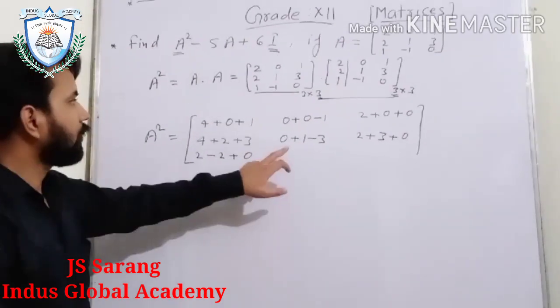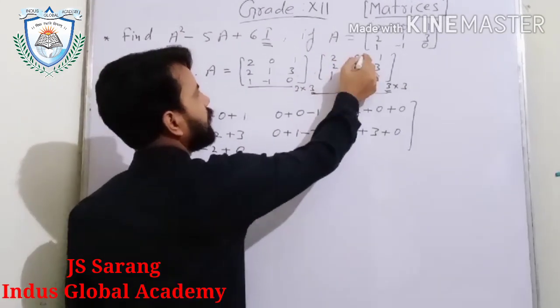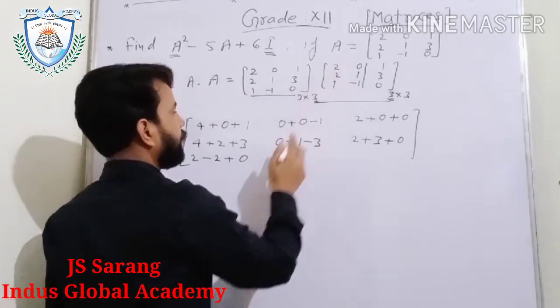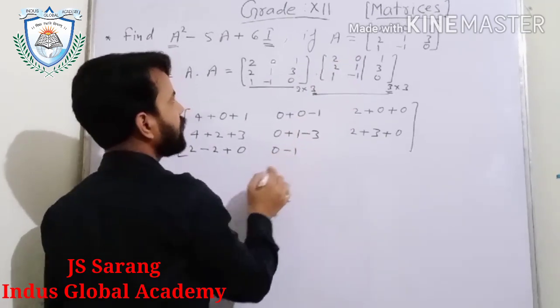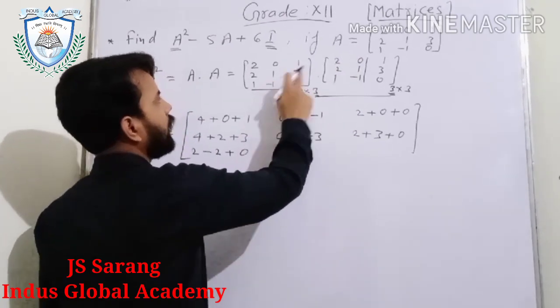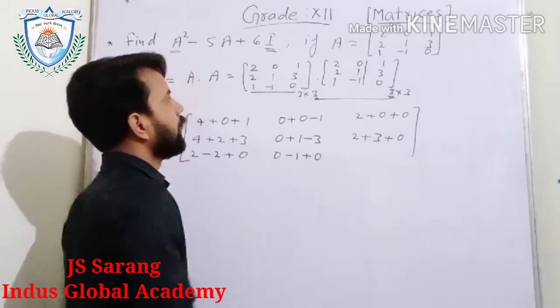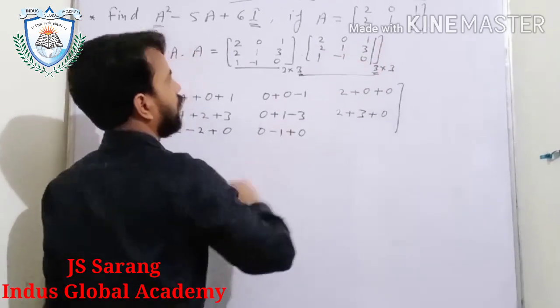Understood? Now the third row of the first matrix is multiplied by the second column of the second matrix. So 1 into 0 is 0, minus 1 into 1 is minus 1, 0 into minus 1 is 0. Clear?